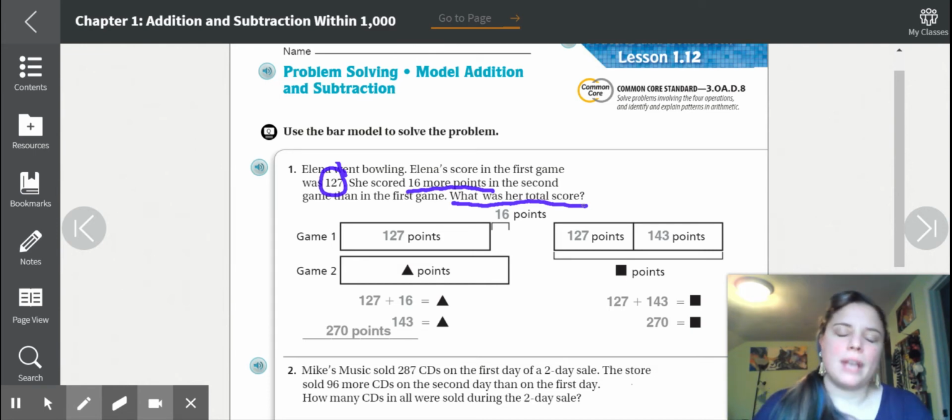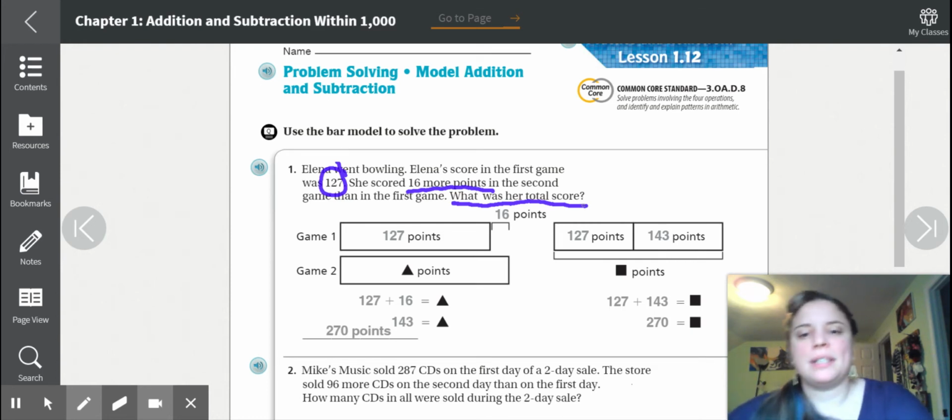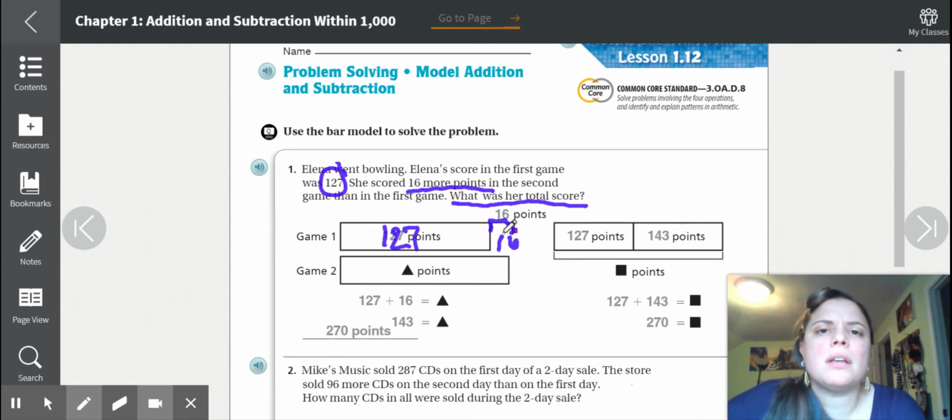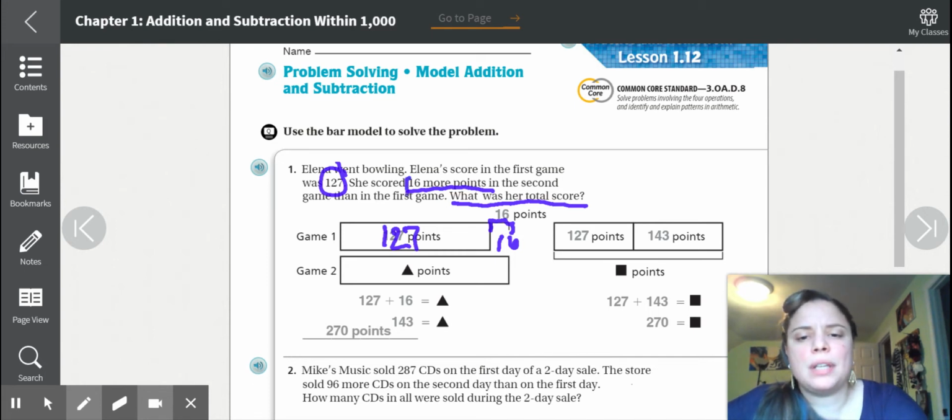So we know that she scored 127 points for game 1. So we drew a little bar. And then at the end here, they put a little space and wrote 16 in this space. Why did they do that? Right, because it says for game 2, she scored 16 more points.